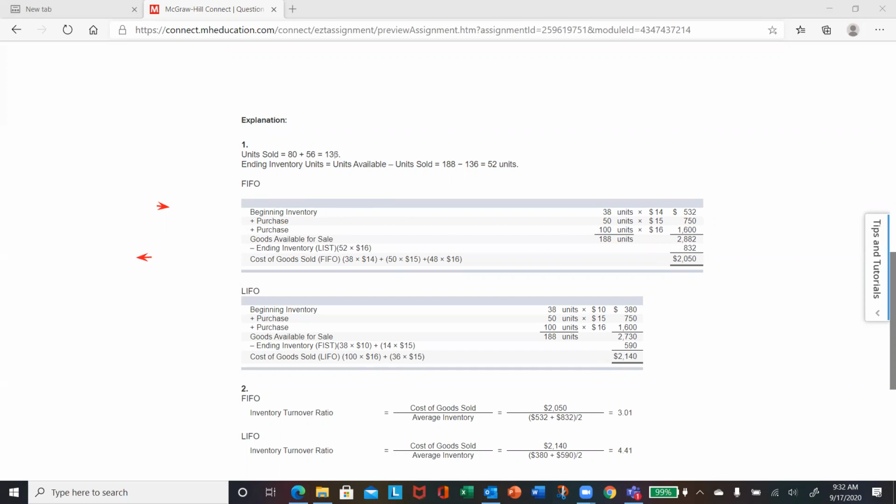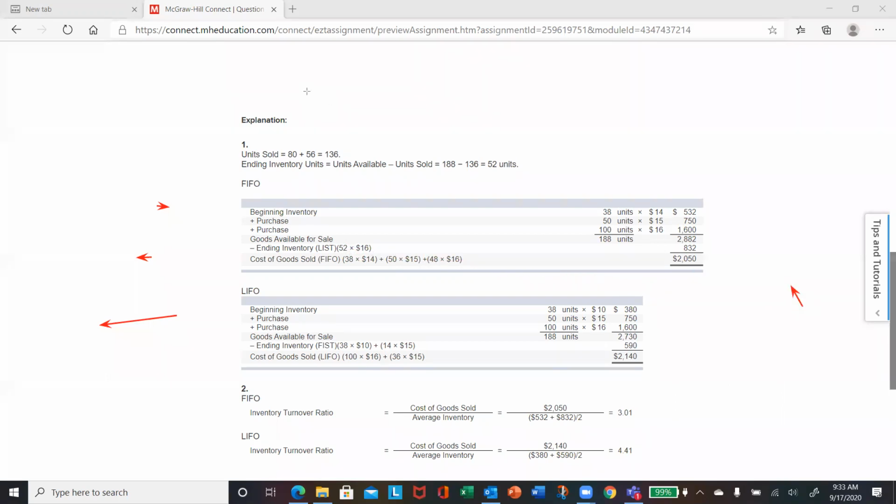And then down below, they're just showing you the calculations on how to get goods available, which is right here. Here's your goods available: 188 units at 22.22. Your ending inventory under FIFO, first in, first out, you would have had 52 units left, in this case at 16.